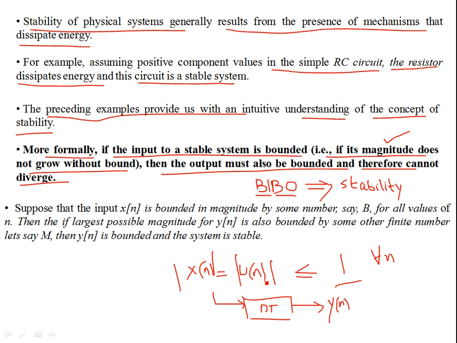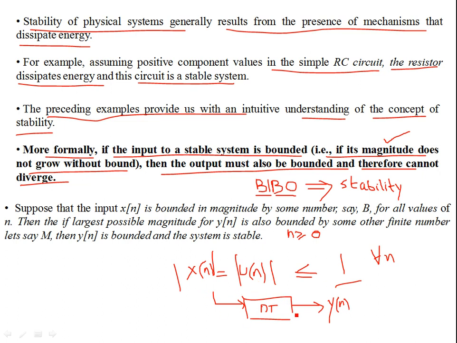I mean, u of n is non-zero for n greater than or equal to 0. It's non-zero, so it continues forever, right? So we are not summing this up. The samples are infinite, we know that, but the magnitude is bounded, so it's a bounded input, right?